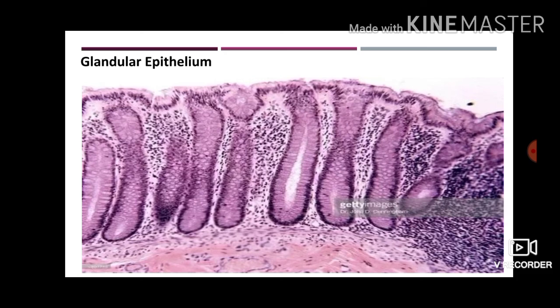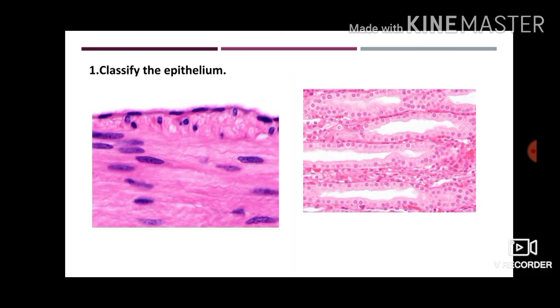So I hope these 5 types of epithelia are now clear to you, dear students: the simple squamous epithelium, stratified squamous epithelium, columnar epithelium, ciliated columnar epithelium, cuboidal epithelium, and this glandular epithelium. Now I am giving you some images which you have to identify, and you can write down the answer in your notebook, or you can give the answer in the comment section also.